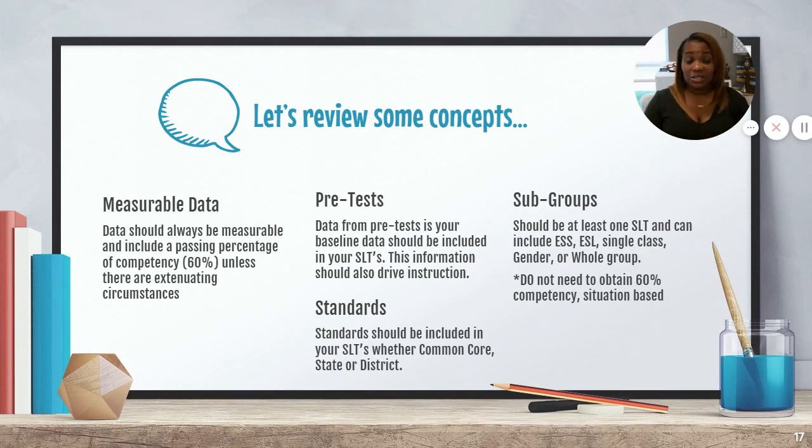These do not need to exceed the 60% because they are situation-based. Now, if you have an AP class and you say, hey, I want to say that 80% of my AP students are going to score a 3 or 4 on the AP exam, that's fine. So you have that exceeding of the 60%, but please don't think that you have to have that when you have level 1 ESL students who came in and who cannot speak the language.